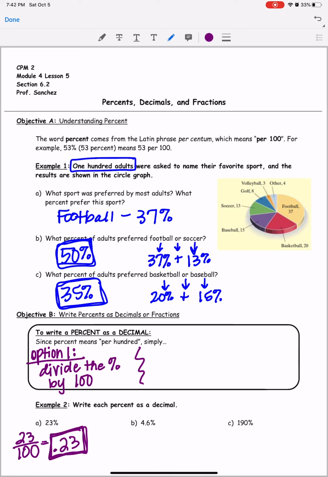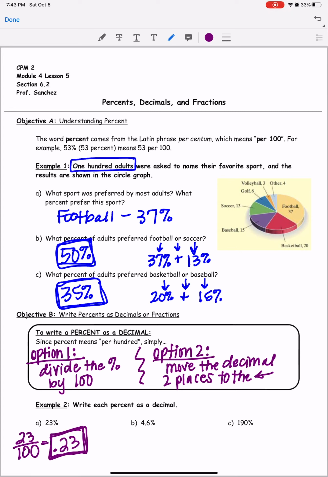Okay, so that's one way. Option 2, you're going to get the exact same result, but you are simply going to move the decimal 2 places to the left.